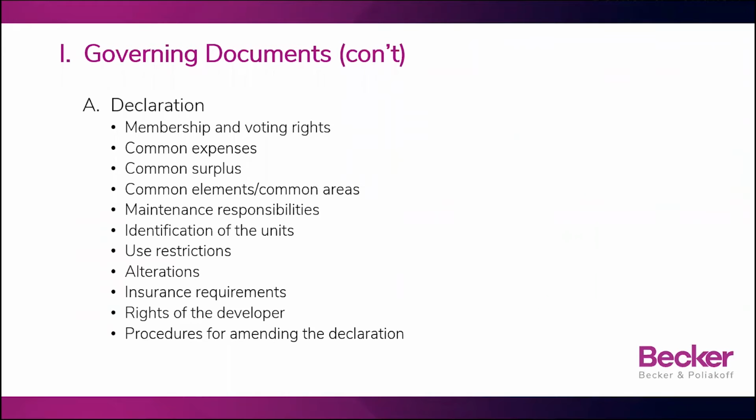You'll see the association maintains the common elements, the owner maintains the units, but the windows may be part of the common elements and everybody thinks the owner maintains them, or balcony screens, railings, sliding glass doors, doorbells. I mean, you name it. And in my experience, the typical developer set of documents leaves a lot to be desired in that regard.